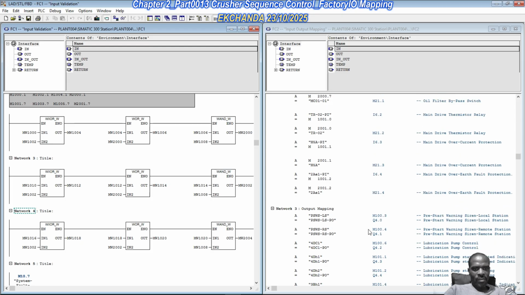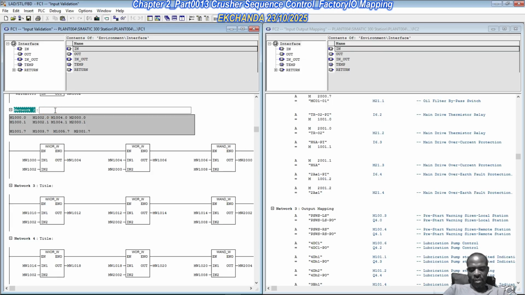Now this is just about mapping. For the first part, I could even do this. We can say loop system, lubrication system, and crusher main drive mapping.